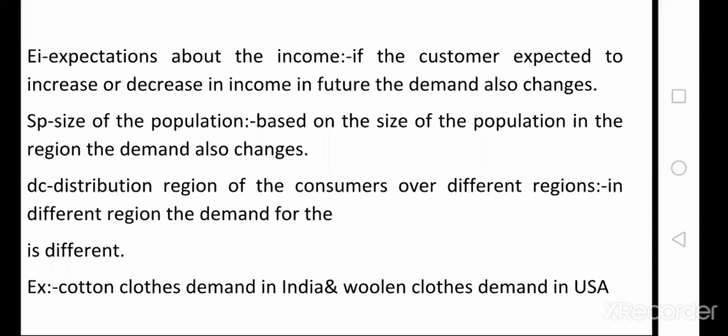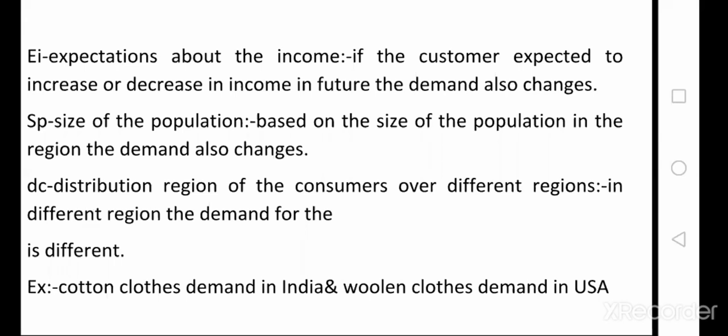Distribution of consumers means that, compared to the whole world, in some regions the population is very high and in some regions the population is less. If you observe, in different foreign countries the population is very low compared to India and China. So depending upon the distribution region of the consumer, the demand for the product also changes.